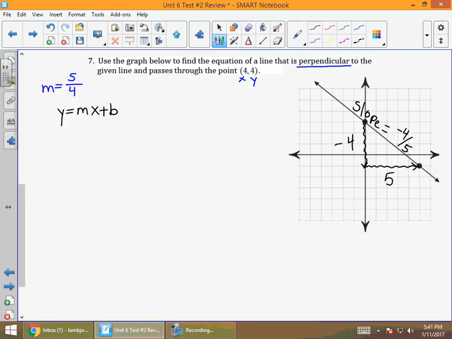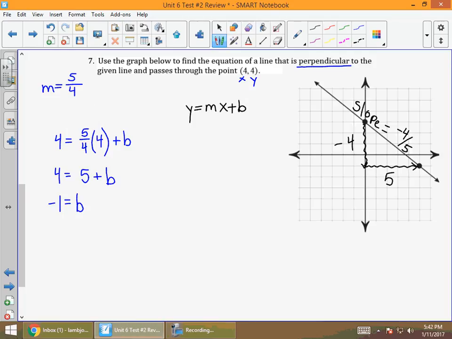So y equals mx plus b, let's find b. Y value is 4. The m value is 5 over 4. The x value is 4 plus b. So that is 4 equals 5 over 4 times 4 is 5 plus b. Subtract 5 on both sides, and -1 is equal to my b value.